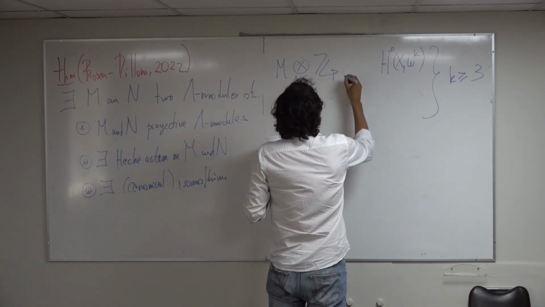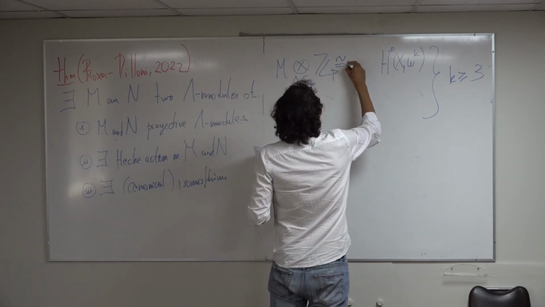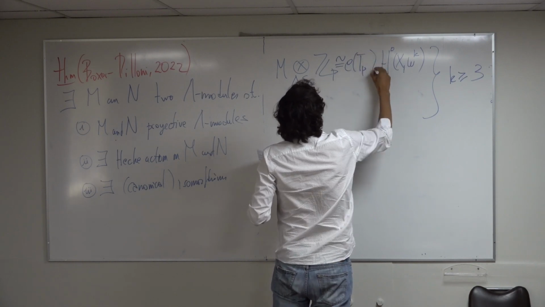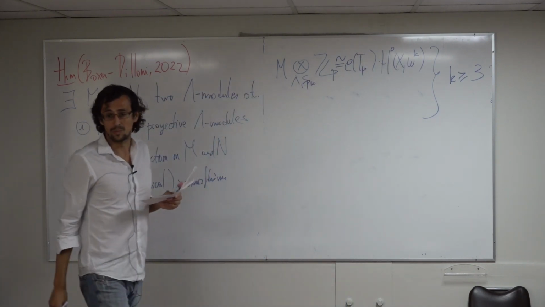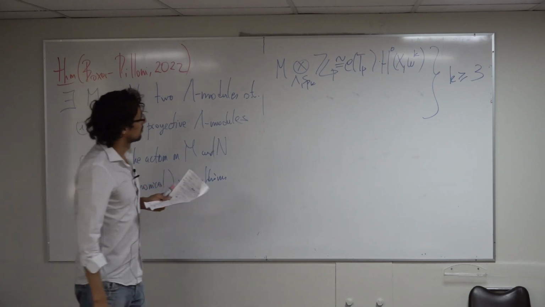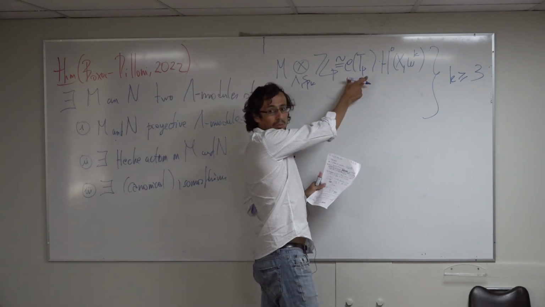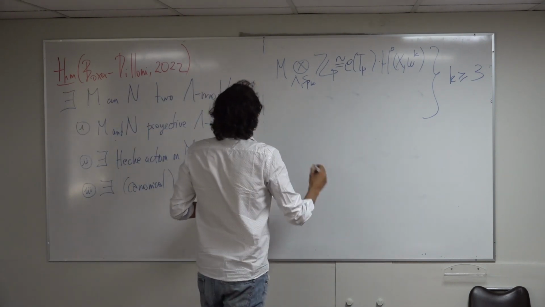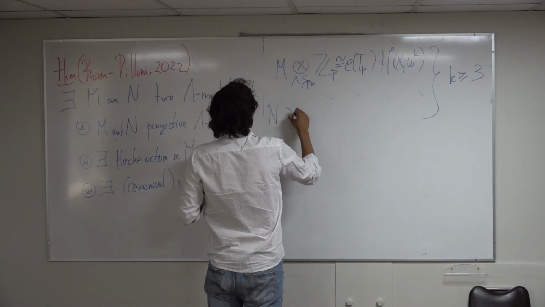It's not possible, but the part carried by this projection, the projection given by T_p, which is a notation introduced by Loeffler, I remember. And the second one, N, takes care of the H^1.